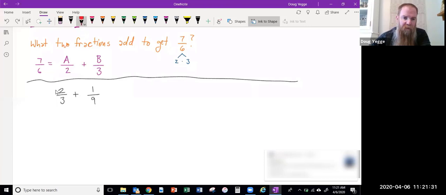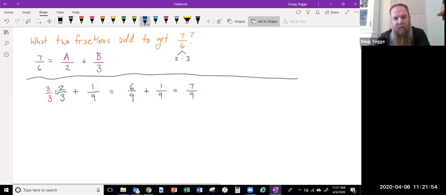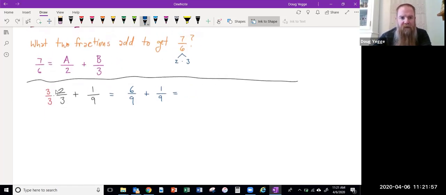So what we really only have to do is multiply one of these by 3 over 3, so that now this becomes 6/9 plus 1/9, which is 7/9. Right? So notice that we combined those to get a single fraction here. And so this is our answer.